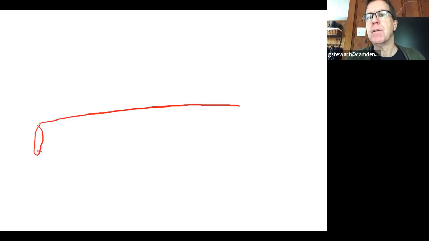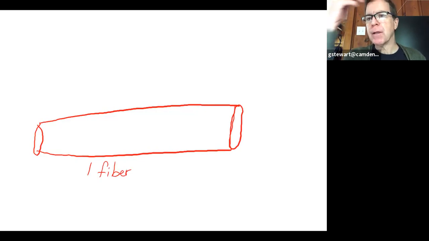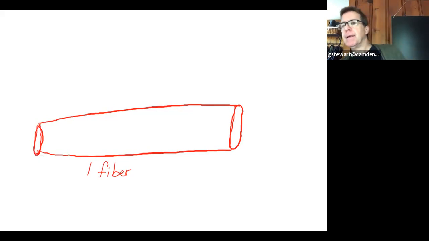This is an individual muscle fiber. I'm leaving space on the right-hand side for a reason. You know that this is wrapped in endomysium. I'm going to leave that off for now. We're going in with a microscope and we're going to look inside of this fiber.